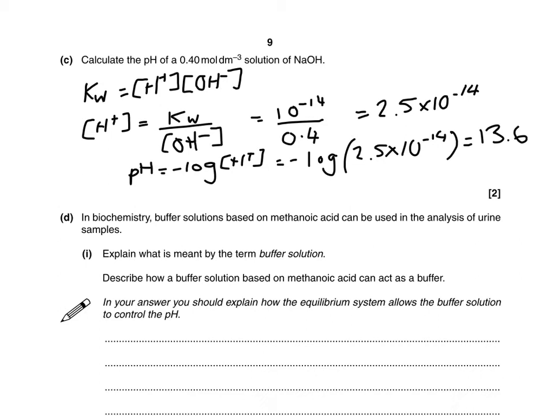The alternative way of doing it is that you use pOH, so 14 equals pH plus pOH, and pOH in this case would equal minus log 0.4. Either method will give you the correct answer. Okay.